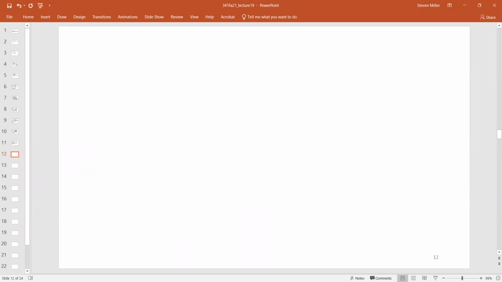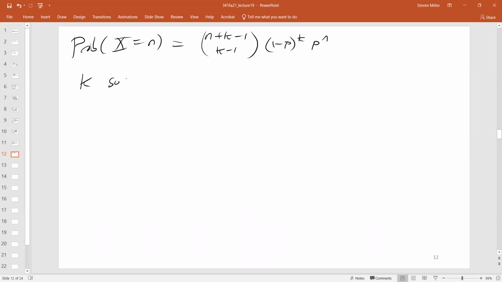So here we're saying, the probability that X equals N is going to be N plus K minus 1 choose K minus 1, 1 minus P to the K, P to the N. So if we think about what's going on, we have K successes, we have N failures.